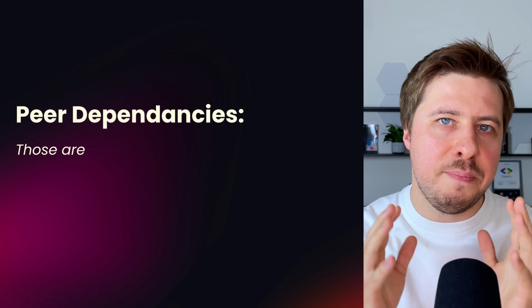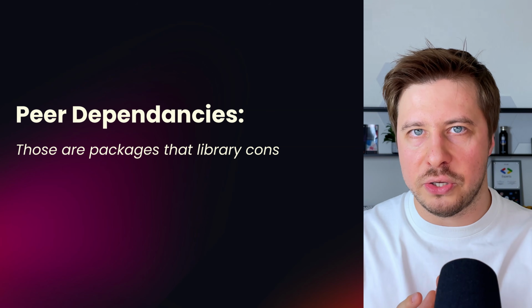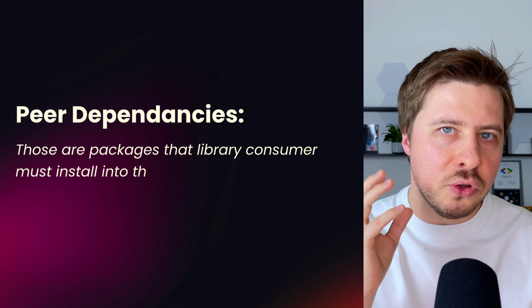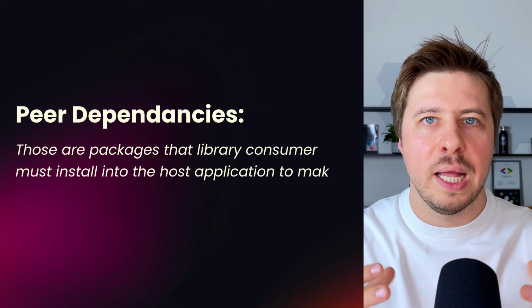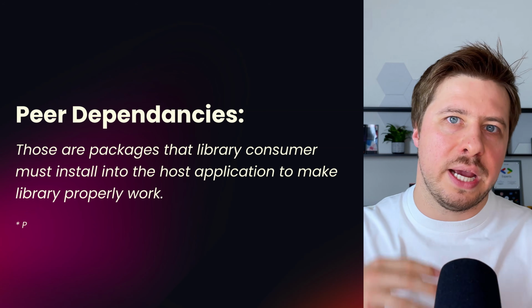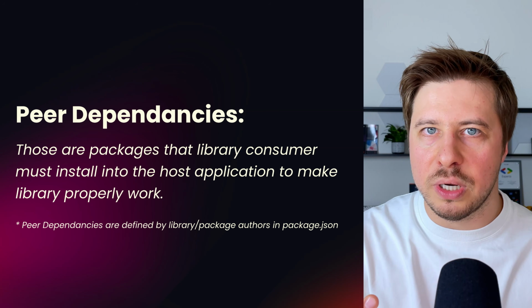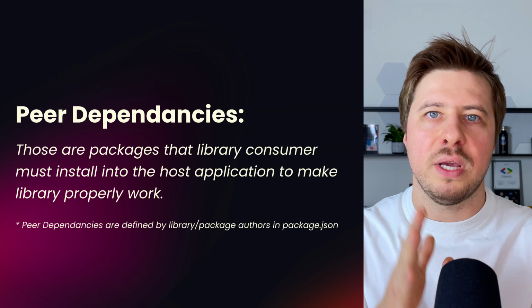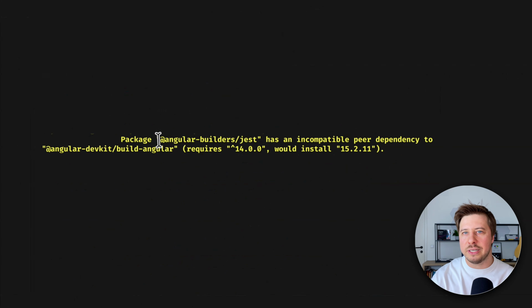So, peer dependencies are packages that the library consumer, meaning you, must install into the host application to make the library work properly. In my case, the Angular Builders jest library declares a peer dependency on the Angular DevKit build-angular package, and it expects a version in the version 14 range.